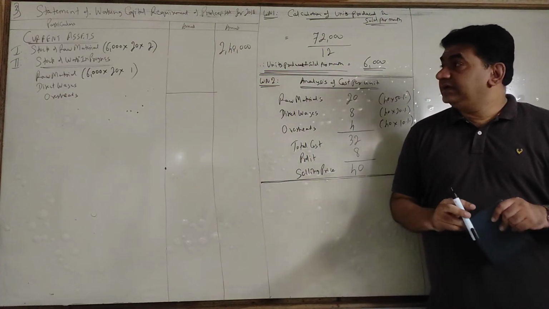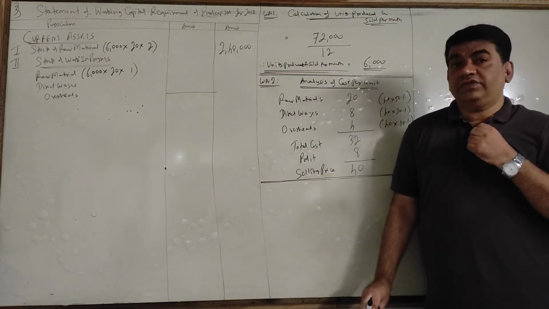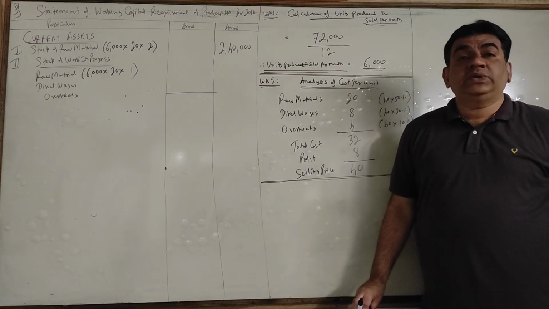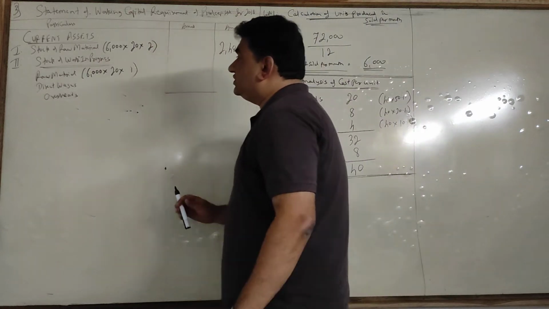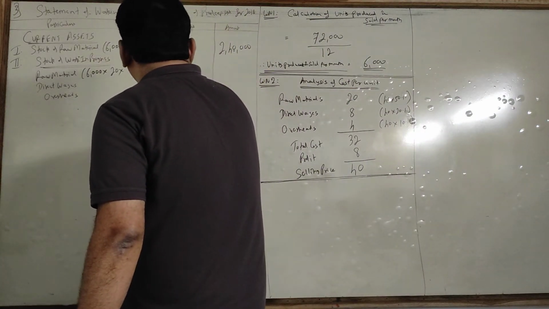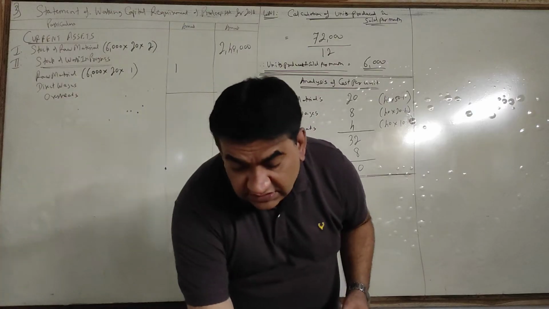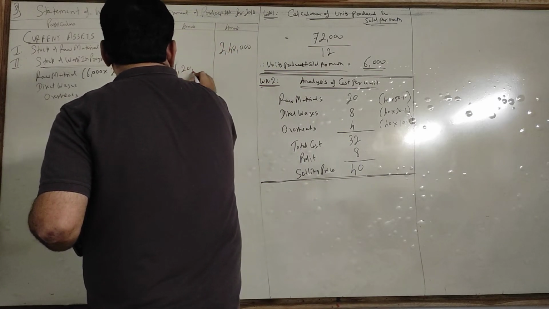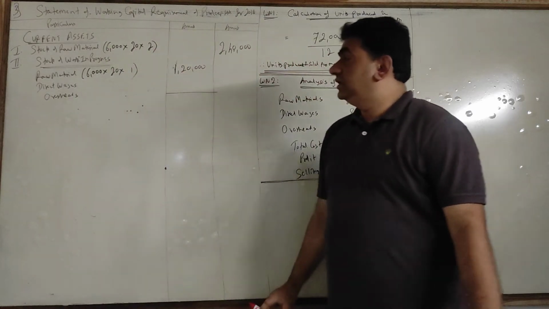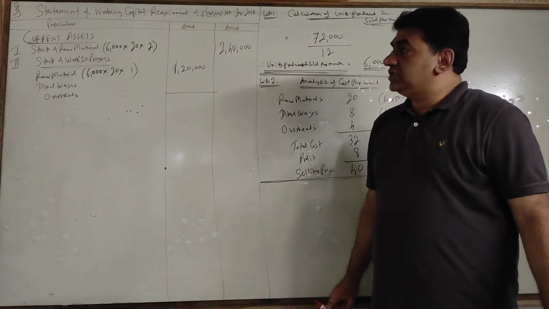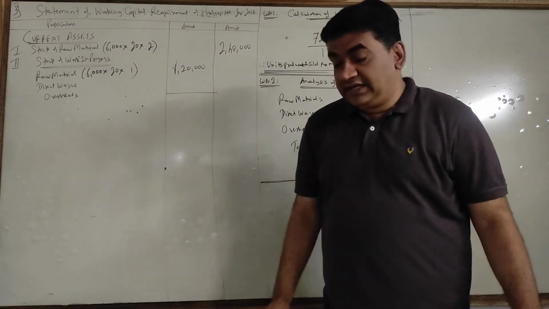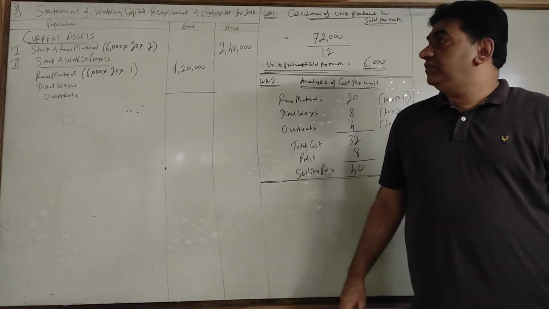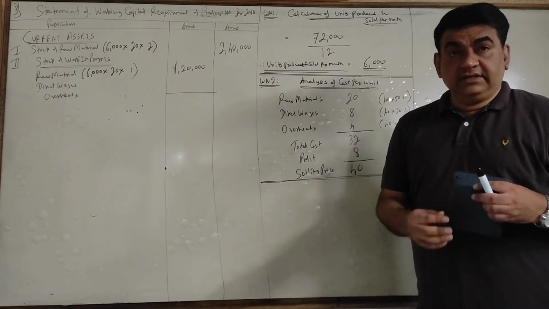Getting it? I'll repeat. 6,000 number of units into the material cost 20 into 1. So 6,000 into 20 gives you 1,20,000. Multiply by 1 and the same figure will come. So put it in the first column. So my raw material cost for WIP is 1,20,000.